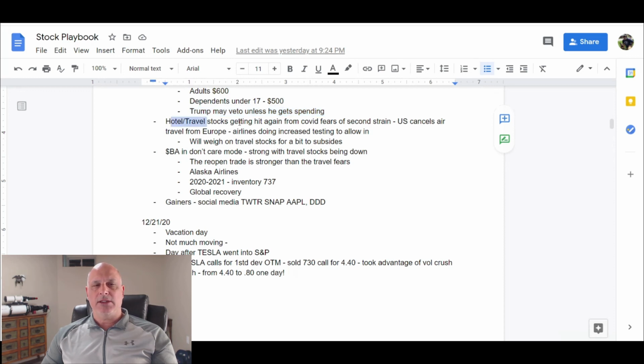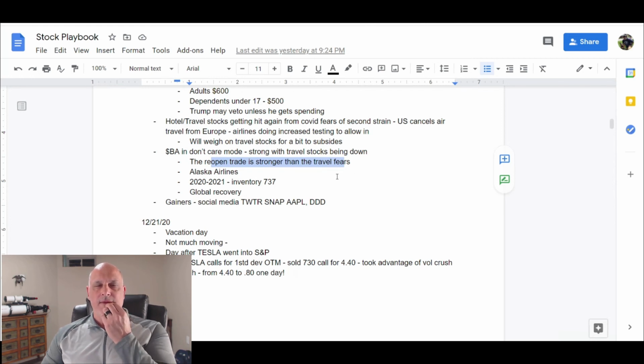It looks like the hotel and travel stocks got hit hard, but something that I'm noticing is that the travel stocks, like Boeing, for instance, it's in don't care mode, right? The reopen trade is stronger than the travel fears right now that I'm seeing. So, what does that mean?